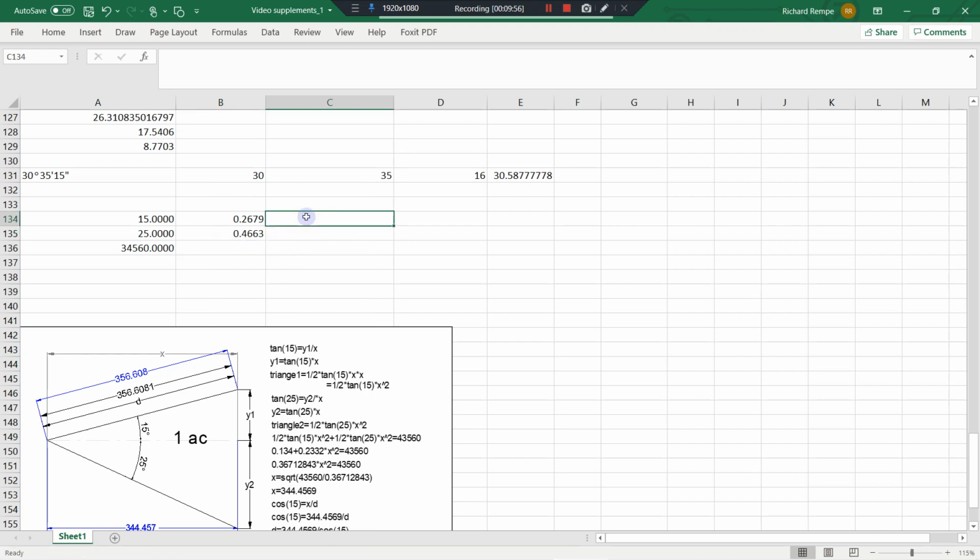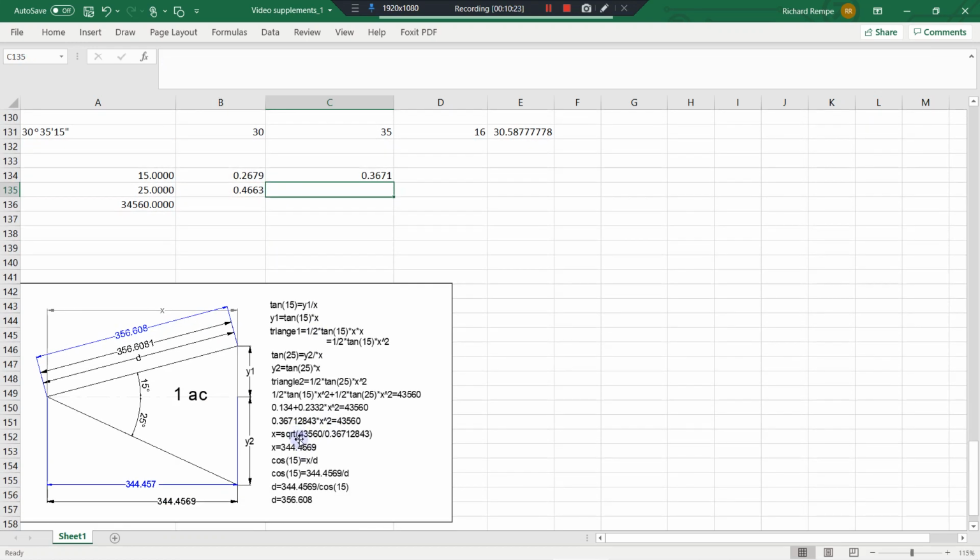We have those, and then this is equal to, we added those, this plus this, enter, right? And now 1/2 times this plus that. We end up with that number there.